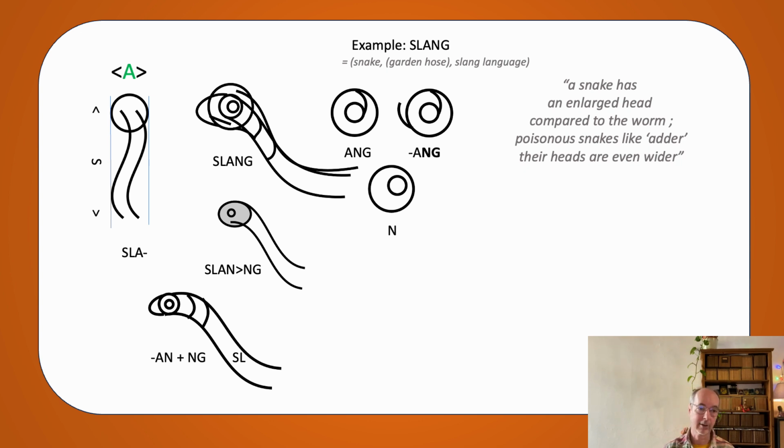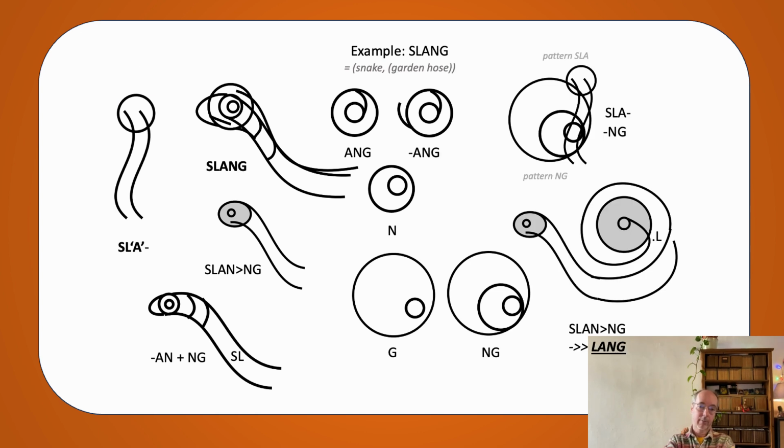And there you can see this is not a worm, this is a snake. The ends and the ng combined can make some rings around the snake, if you would like. That is also a possibility within the limits of the combinations of letters.